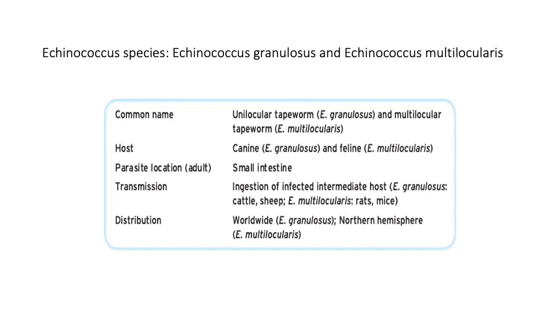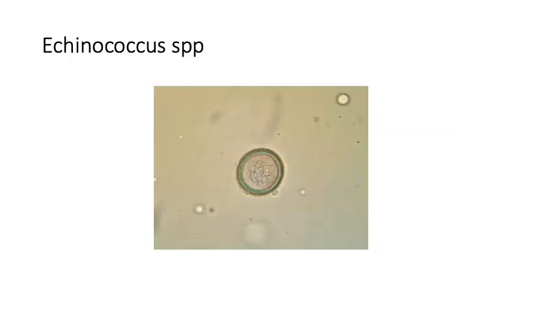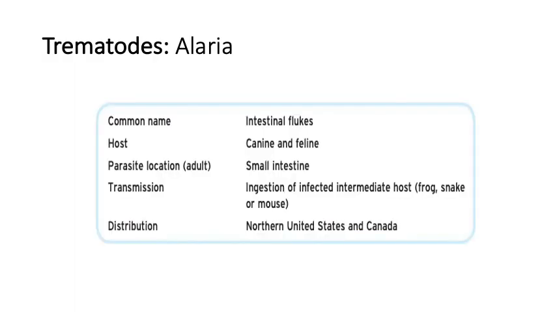Next are the Echinococcus species that would infect commonly the dogs. This shows the picture of Echinococcus egg, which is identical to the eggs of Taenia species.